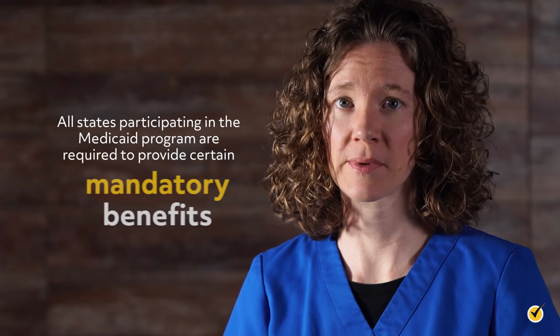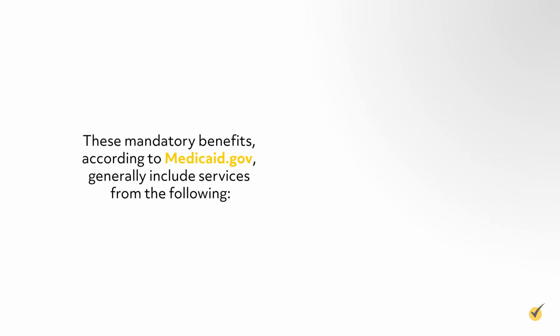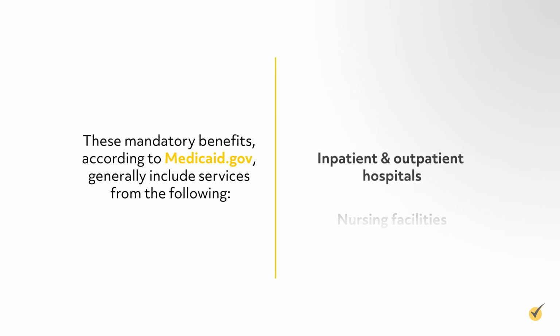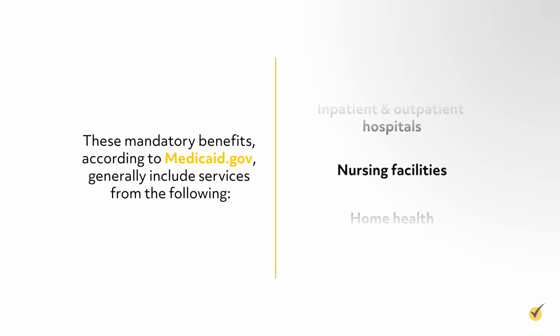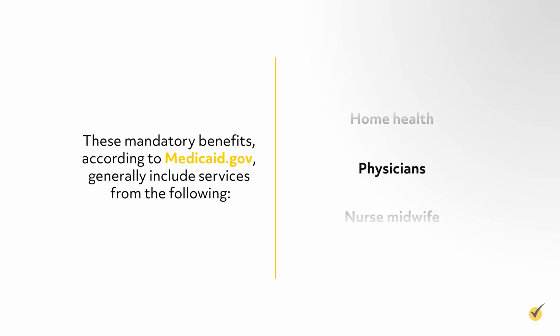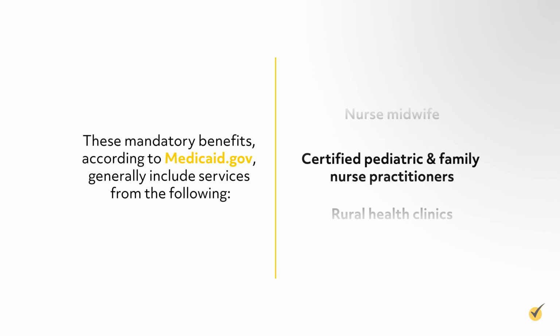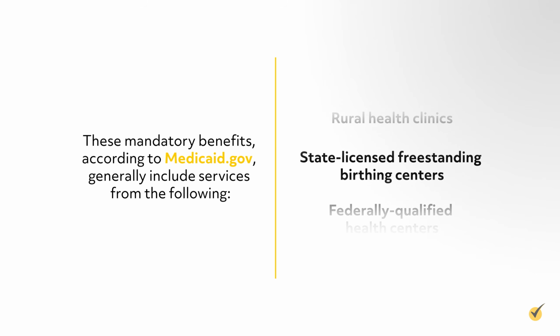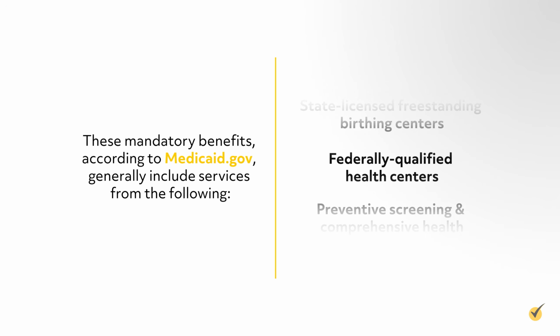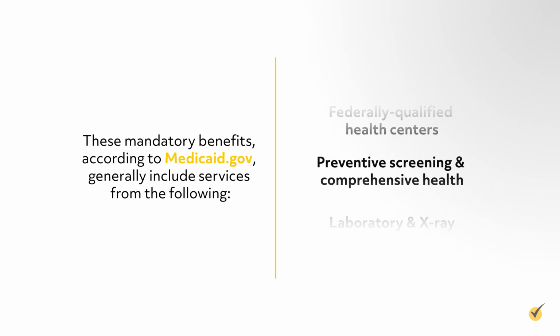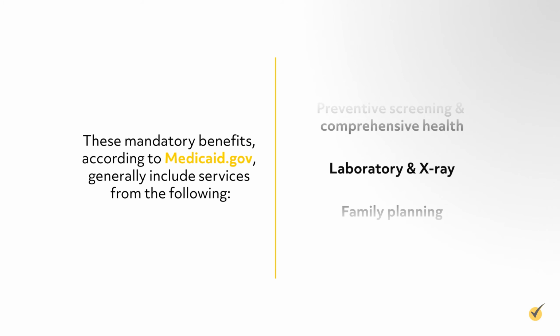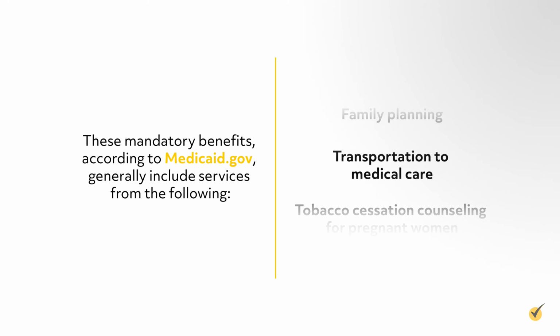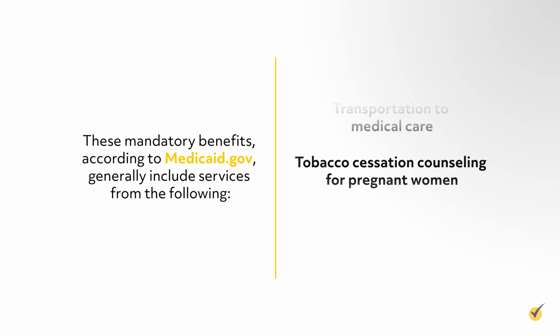All states participating in the Medicaid program are required to provide certain mandatory benefits. These mandatory benefits, according to Medicaid.gov, generally include services from the following: inpatient and outpatient hospitals, nursing facilities, home health, physicians, nurse midwife, certified pediatric and family nurse practitioners, rural health clinics, state-licensed freestanding birthing centers, federally qualified health centers, preventative screening and comprehensive health, laboratory and X-ray, family planning, transportation to medical care, and tobacco cessation counseling for pregnant women.